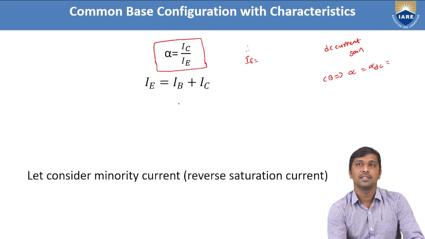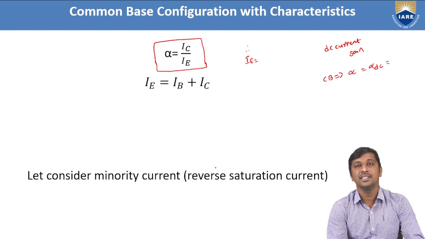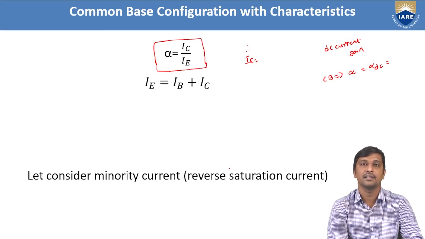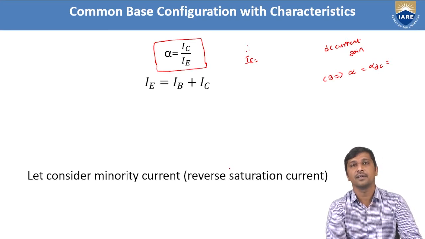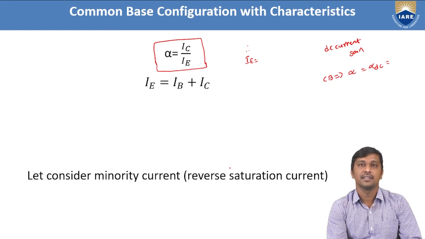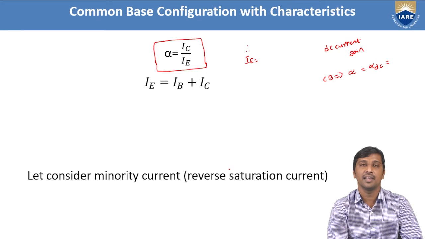Why? Because the emitter emits the charge carriers to allow conduction in a given transistor. Whatever charge carriers are emitted by the emitter terminal, those charge carriers diffuse towards the base and the collector to produce the current. So the total emitter current is a summation of base current and collector current.